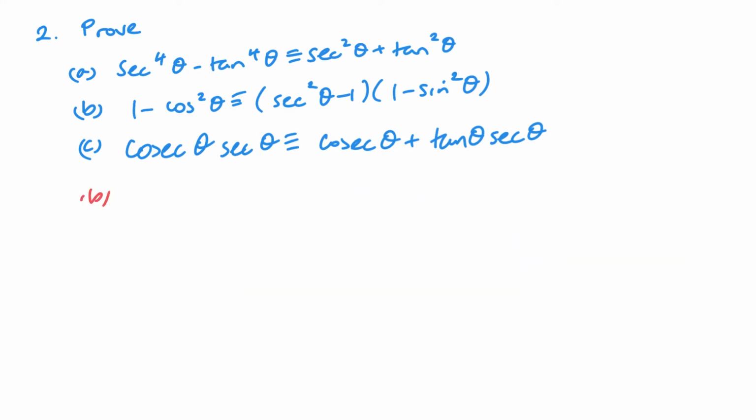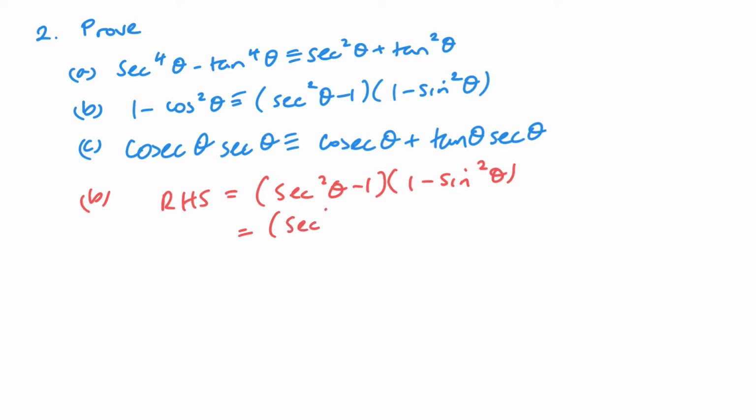Okay, part B. This time I'm going to go from the right hand side. So we've got sec squared theta minus 1 minus sine squared theta. We want cos squared theta. This is 1 over cos squared theta, so I'm not going to touch this. But this I can replace. 1 minus sine squared theta is cos squared theta.